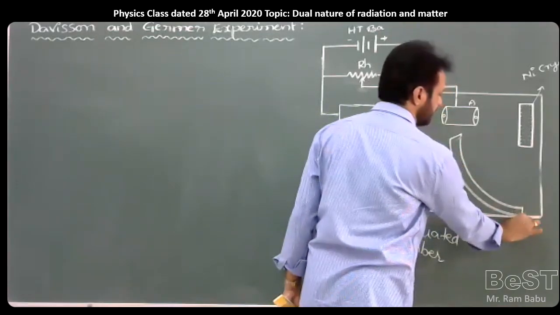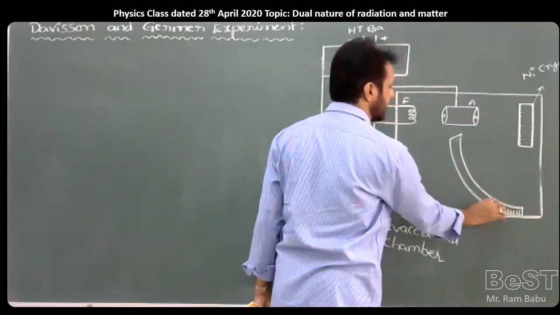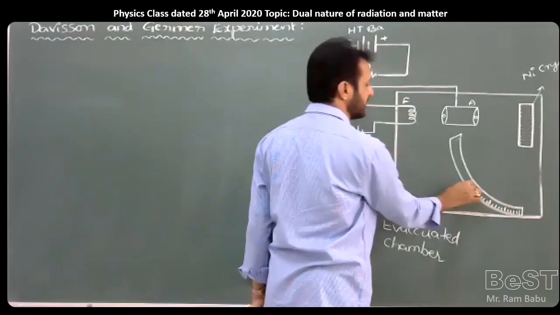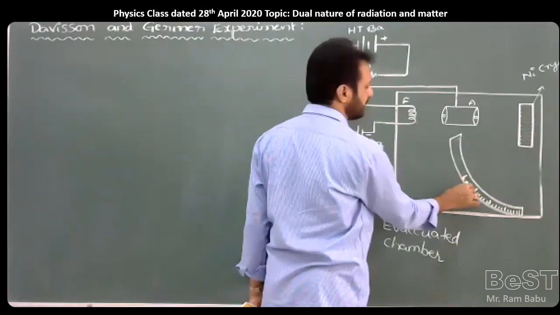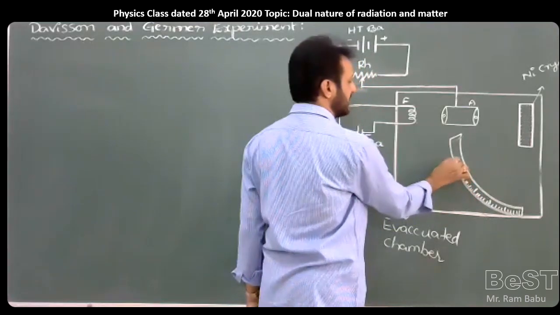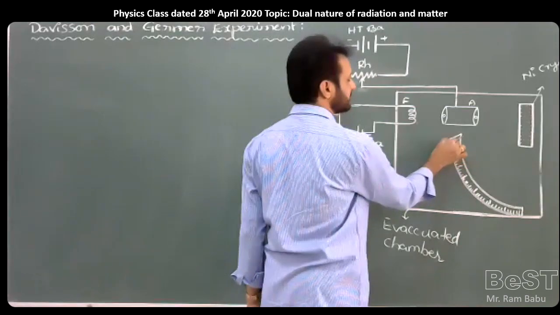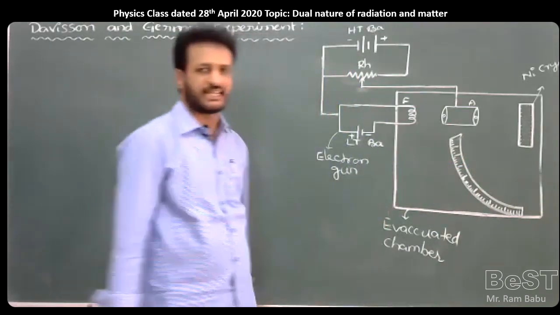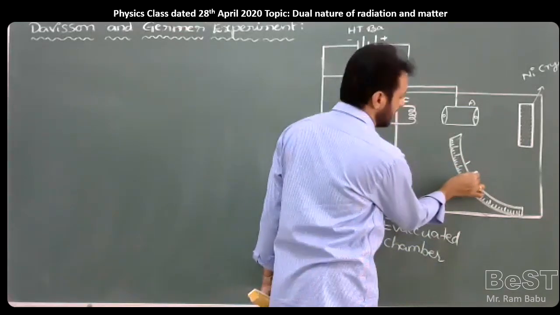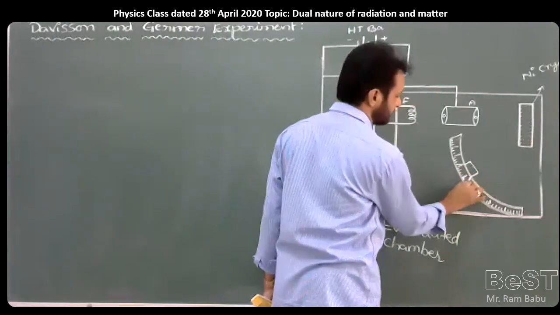So we can rotate this detector, having a circular scale also, so that we can collect the scattered beam of electrons, and then we can find the current flowing through the circuit. The current flowing through the circuit will indicate the intensity of the wave, with this one circular scale. And with this circular scale, we are providing a galvanometer. One galvanometer is also provided like this.